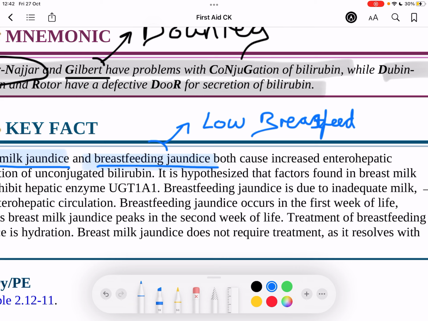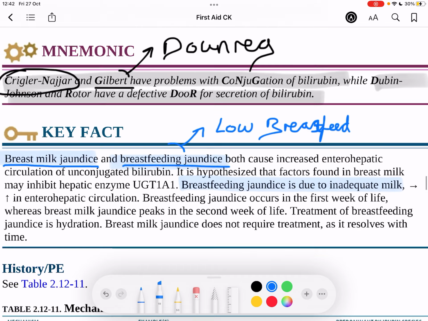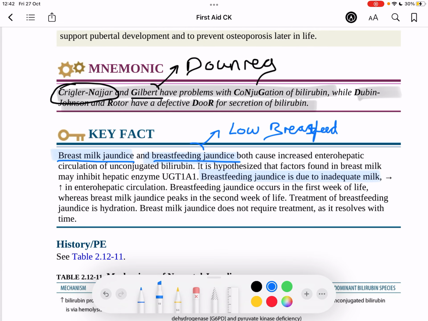So if we don't breastfeed enough, the baby will absorb more bilirubin and they will get breastfeeding jaundice, okay? So breastfeeding jaundice is due to inadequate breastfeeding, and therefore we increase the enterohepatic circulation, okay?